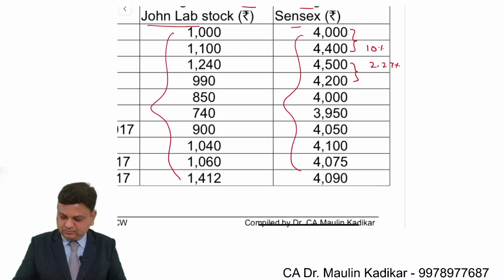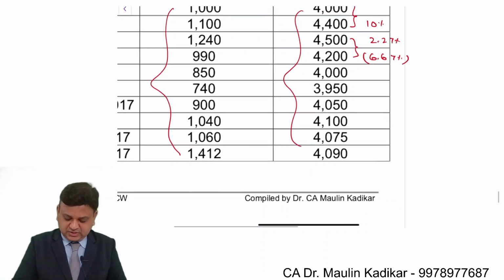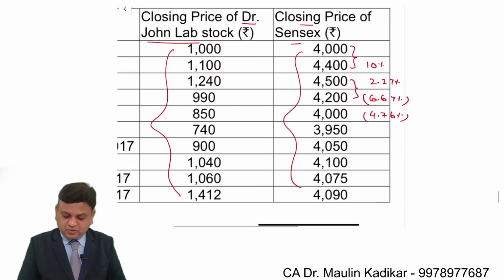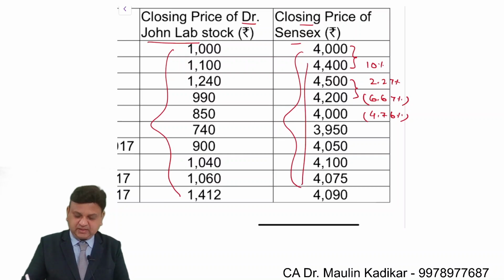Next, 6.67% negative. Next, 4.76% negative. And so on, we can make the computation of the market return.